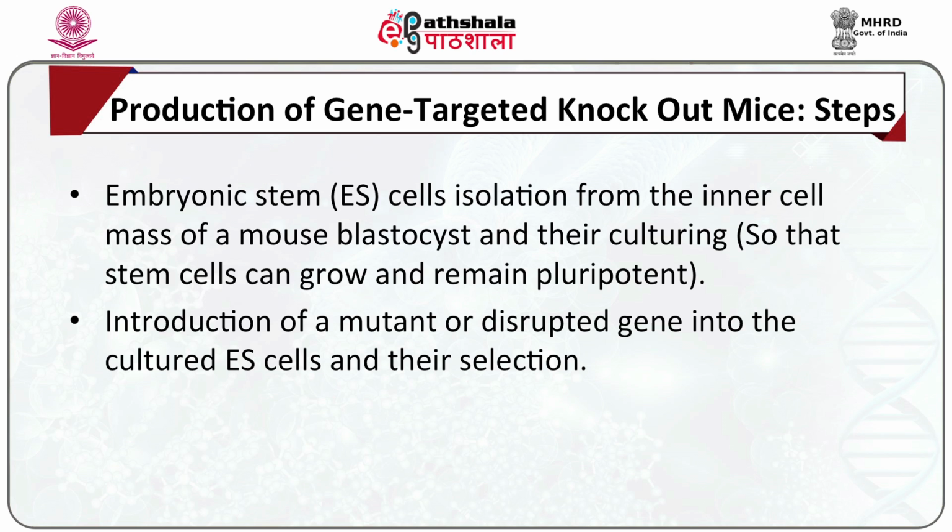First, embryonic stem cells are isolated from the inner cell mass of the mouse blastocyst and cultured. They are cultured on a feeder layer of fibroblasts or in the presence of leukemia inhibitory factor, so that stem cells can grow and remain pluripotent, so that they can later, if required, differentiate into different types of cells, for example myocardium, myoblasts, blood vessels, nerve cells, germ cells, etc.